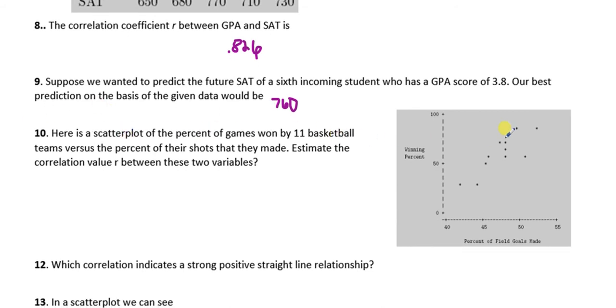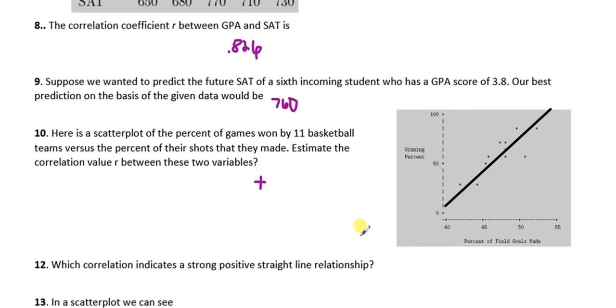Here's a scatter plot. That's a bad line. Let me put a line in here. So there's going to be a line that's something like that would fit it. Estimate the correlation. It's positive, so it's got to be a positive number.